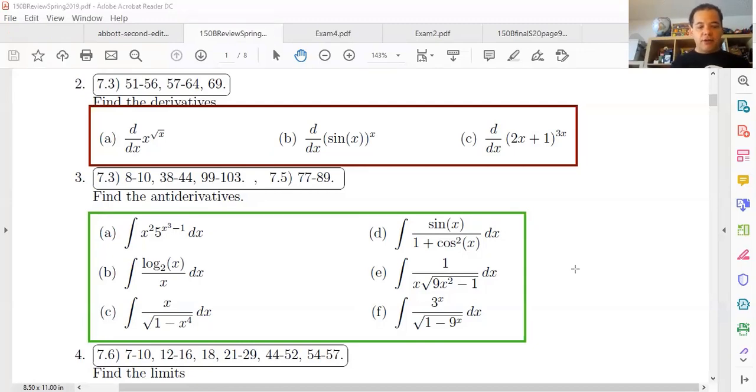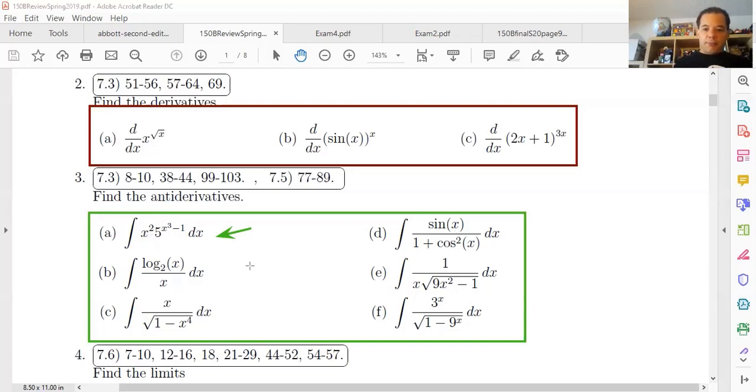I mean, you can tell, for instance, if we take a look at the first one over here, what do we do? Well, we make u the exponent. You make u x cubed minus 1, then the derivative would be 3x squared, and there's the x squared. So it will look like an integral of 5 to the u, which you know how to do, right? It's one of the formulas we learned before.